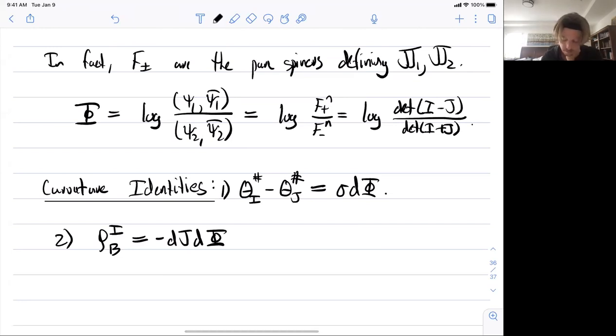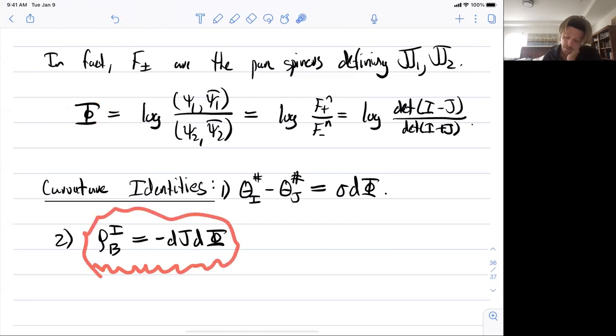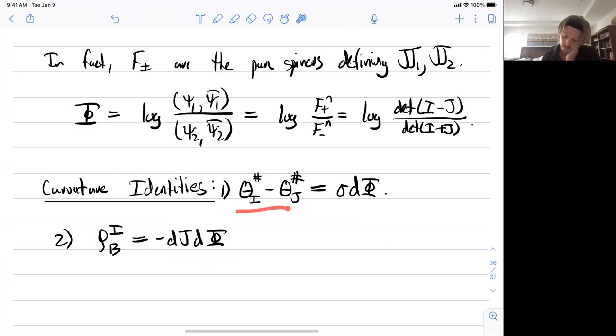Yeah, sorry, minus. So again, in this non-degenerate setting, we see this Calabi-Yau quantity precisely determining the two key objects. So we're flowing the I Kähler form by the I Bismut-Ricci. That's determined by phi. And we're going to end up flowing J by this difference of Lie forms, which itself is determined by phi.